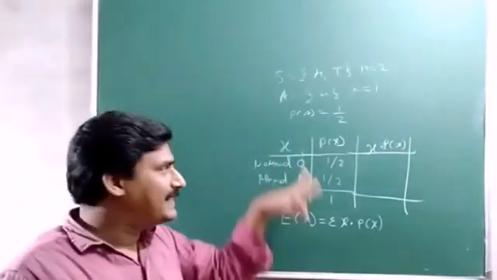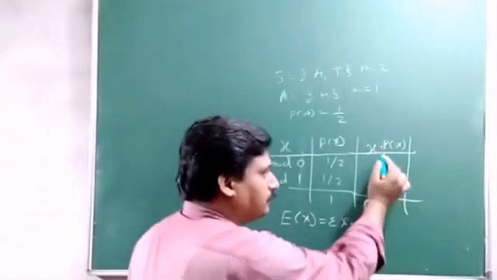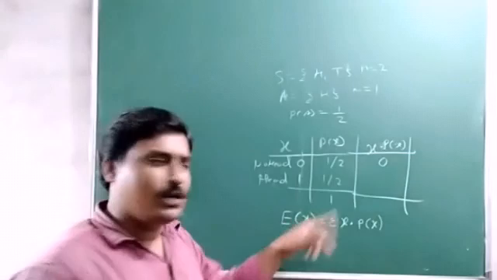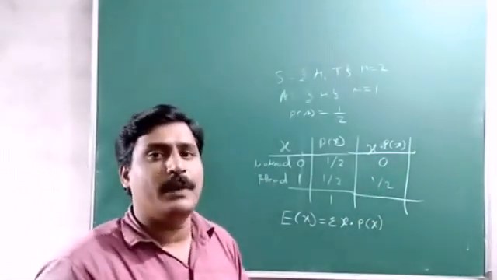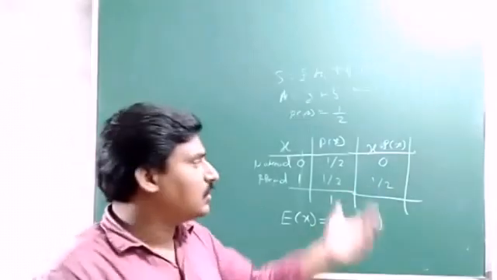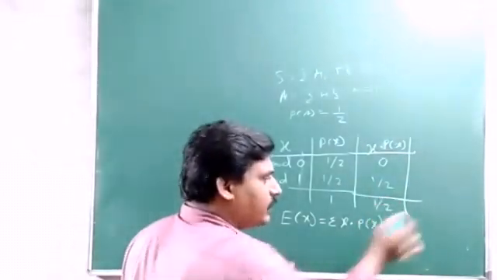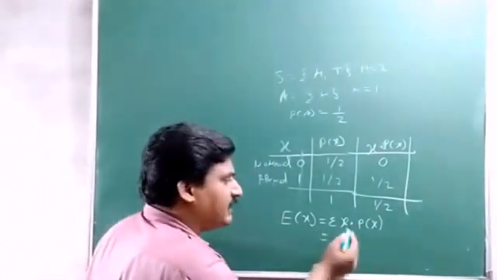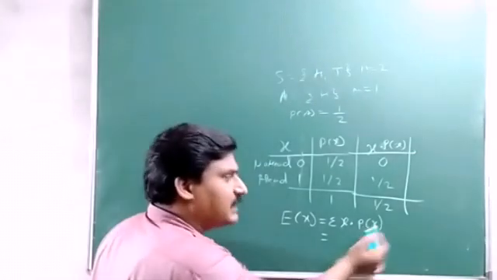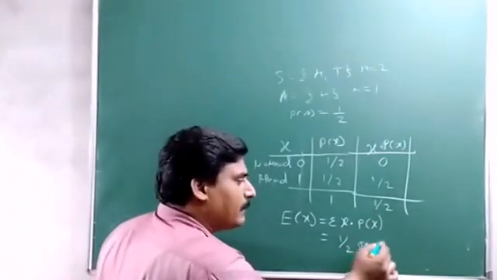Now 0 into 1 by 2 is 0. And 1 into 1 by 2 is 1 divided by 2, or 0.5. So the total of this column is 1 divided by 2. So expectation of x, E of x, is equal to summation of x into P of x, that is half, 1 divided by 2, or 0.5.